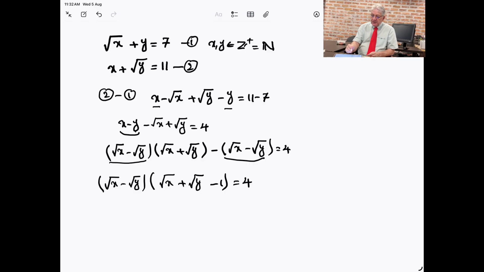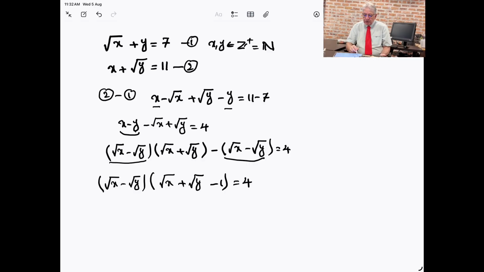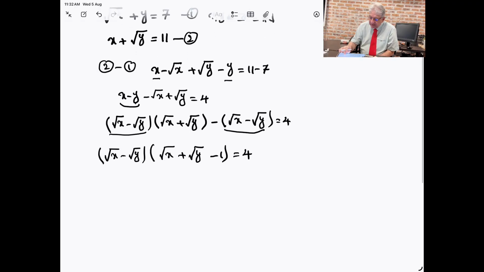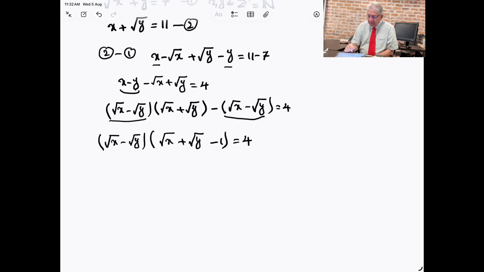Now, since x and y are integers, you are going to get this multiplied by this is equal to 4, so we can say that this 4 can be 1 times 4 or 2 times 2. Clearly, these two cannot be equal. You can put them equal to see what will happen. But if they are not equal, one of them should be 4 and one of them should be 1.